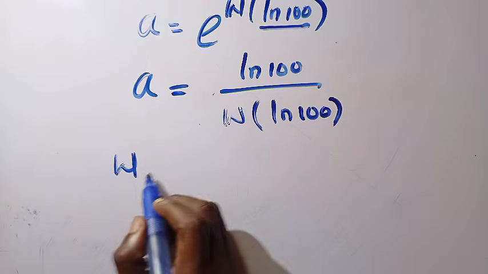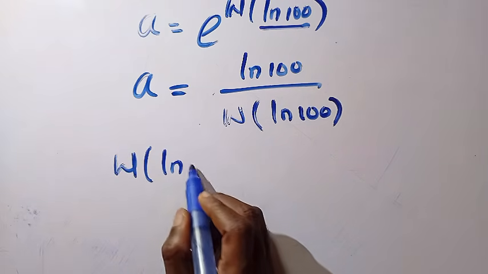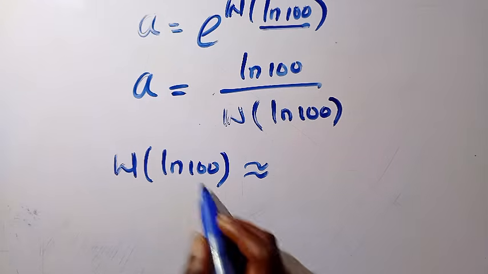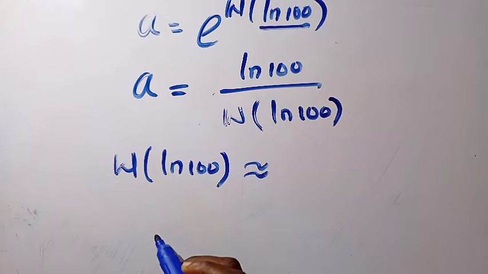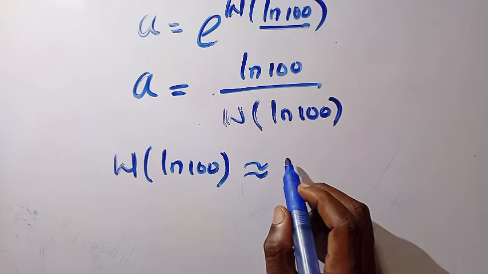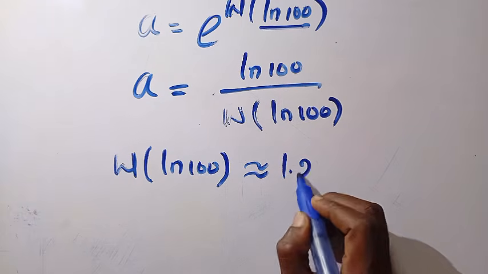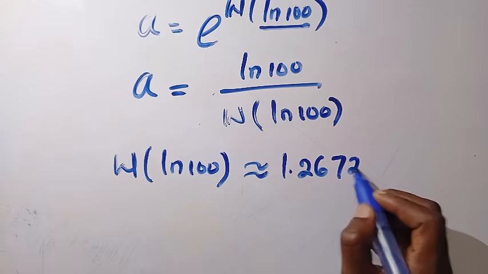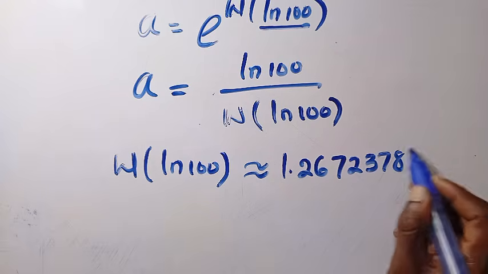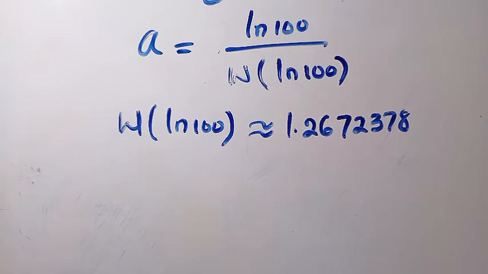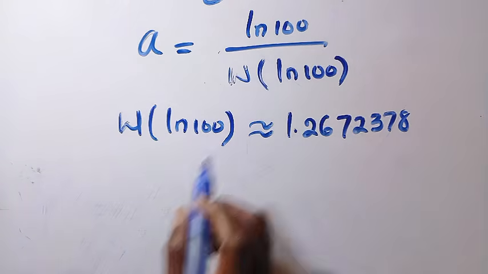If you have omega of ln 100, by pressing the calculator, the Wolfram Alpha calculator, we are going to have this as a value approximated to 1.2672378. Initially, we have A equals the whole of this.